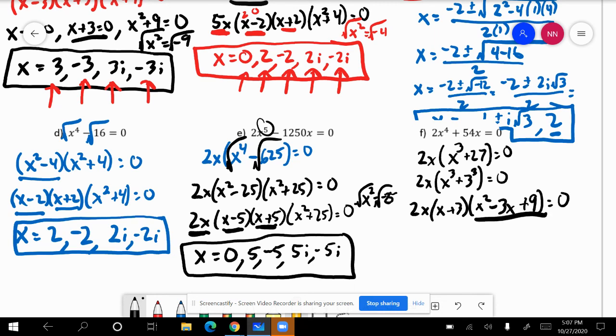I'm going to use the quadratic formula on my trinomial, and I get 3 plus or minus the square root, negative 3 squared minus 4 times 1 times 9, all over 2 times a, which is 1.